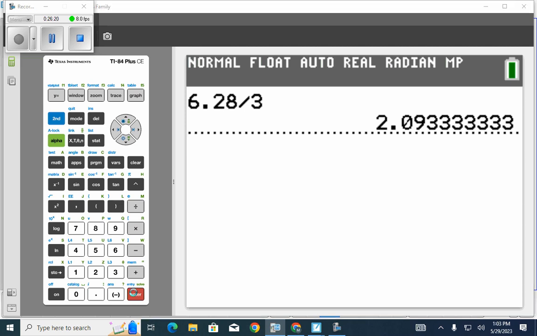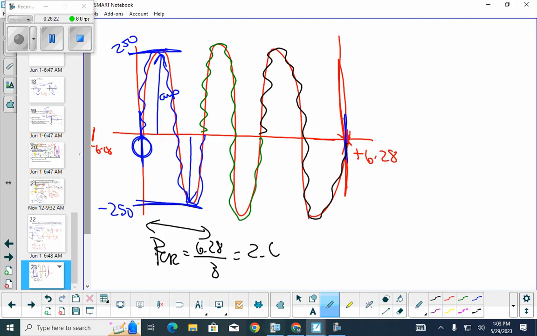Okay. So that means from here to here is 0 to 2.09. Do you understand how I did that? I had 3 waves from 0 to 6.28. So 6.28 divided by 3.